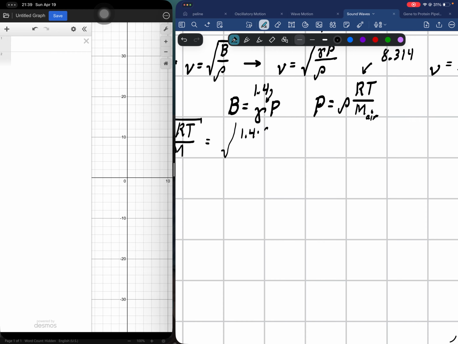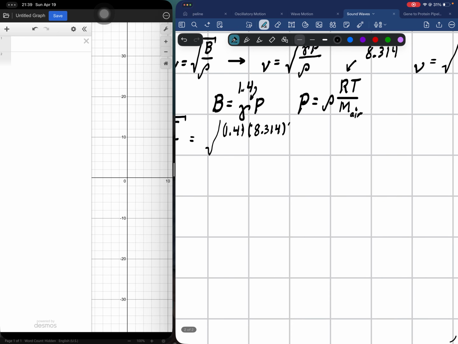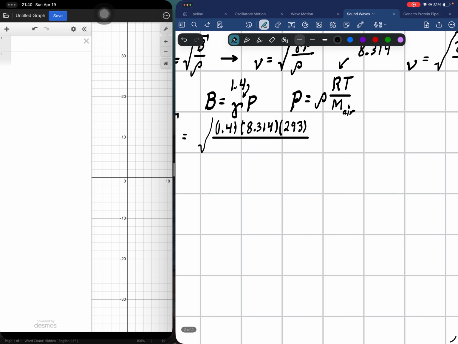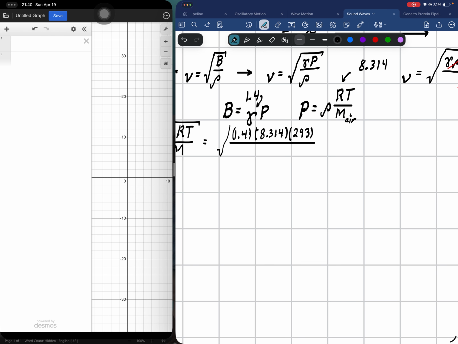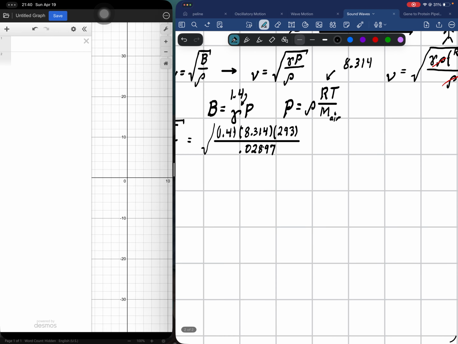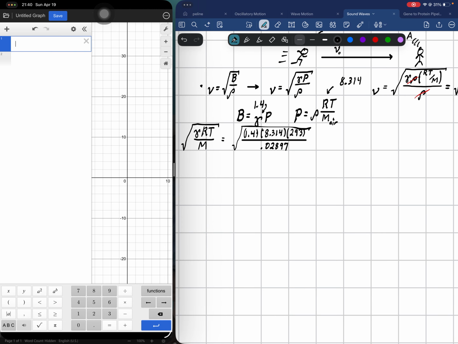It's going to be 8.314 multiplied by the temperature. We'll just say 293. This is in Kelvin, by the way. All of that is going to be divided by the molar mass of air, and that's going to be 0.02897. Let's go ahead and calculate that.